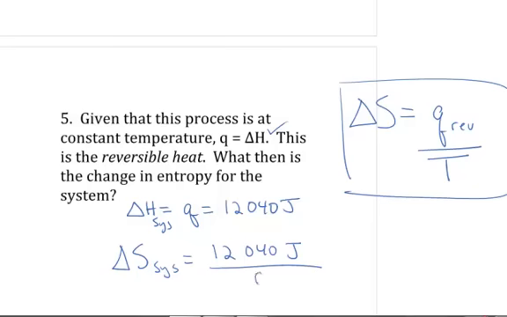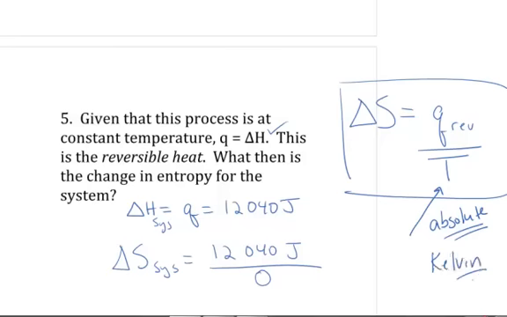Now, if I put a 0 here, then this is going to be undefined. So always, when we're looking at this formula, the heat divided by T, the temperature has to be absolute. Always. That means we have to express it in an absolute scale, which is the Kelvin scale.